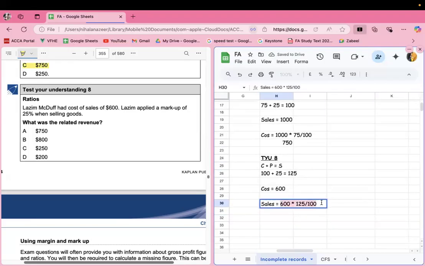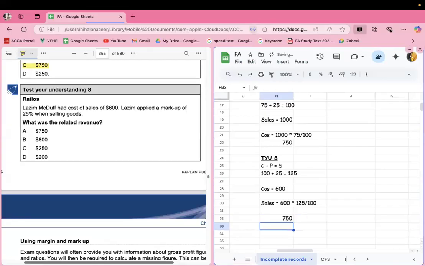Remember my equation? You have to have it in your mind for the rest of the other papers. It's going to be very helpful. So 750 again.